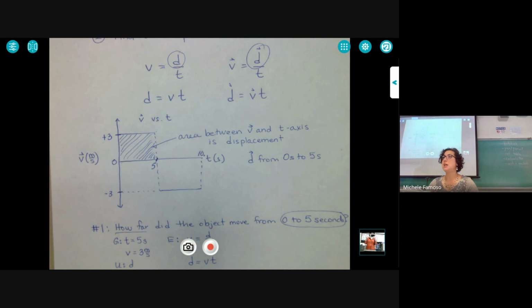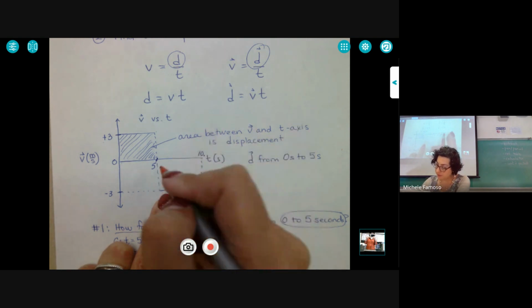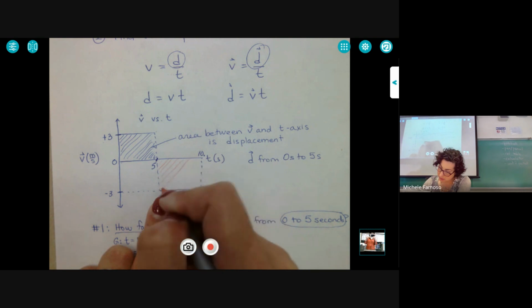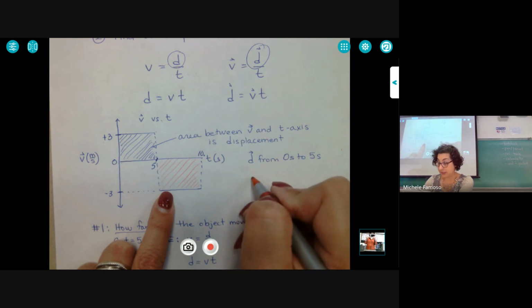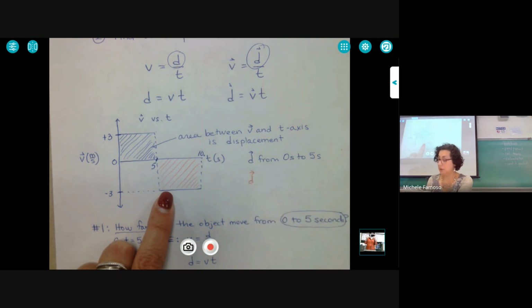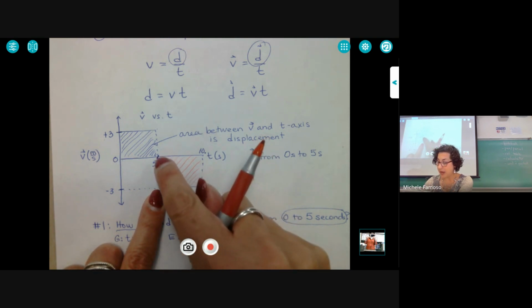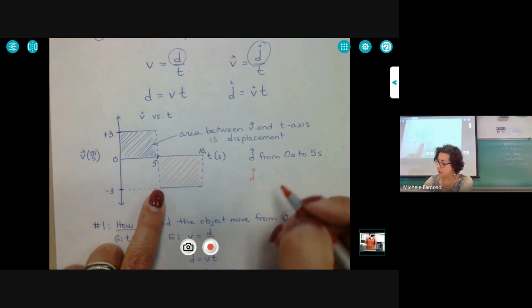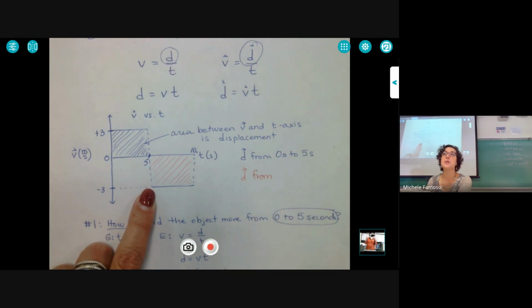I'm going to shade in another area. Here's the line, and where's the time axis? Above it. If I shade in there, what's that shaded area going to be? It's still a displacement because I'm multiplying a velocity value by a time value. But what would that red displacement on my picture represent?